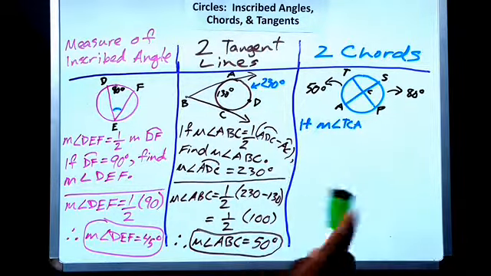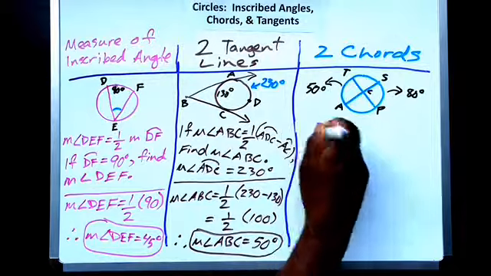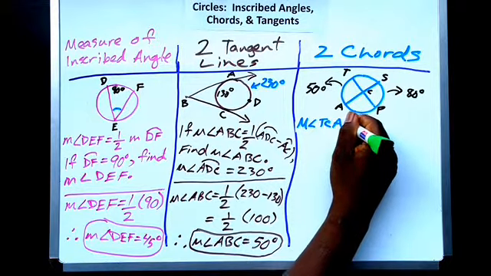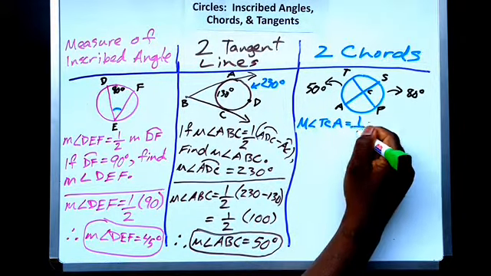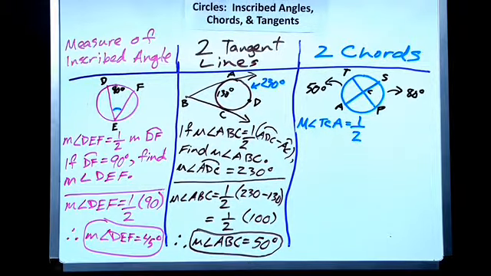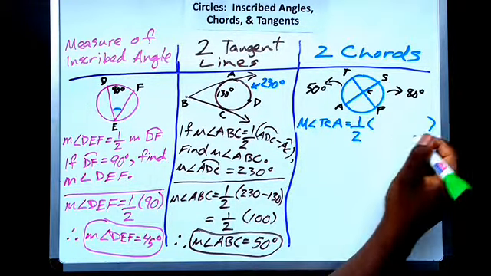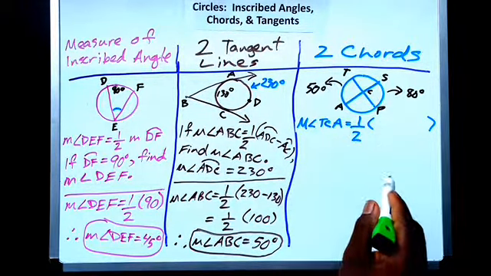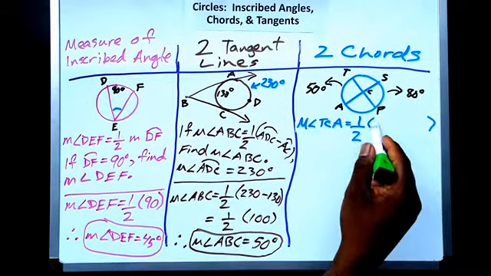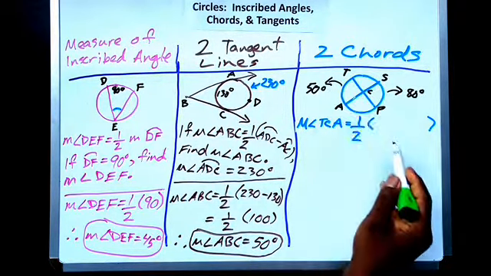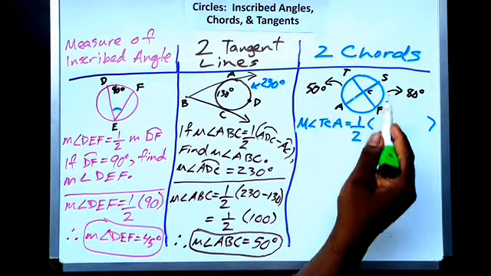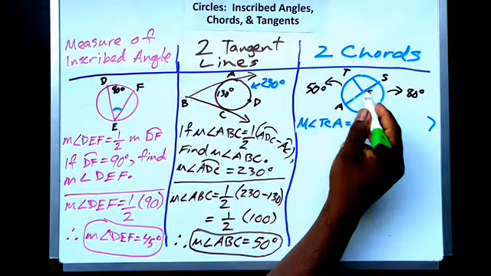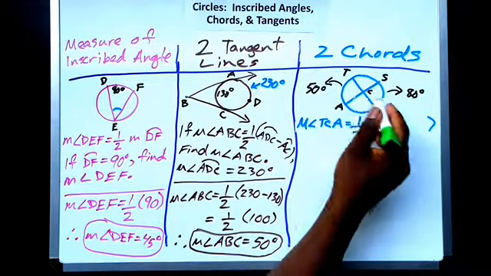Well, let me rewrite that. The measure of angle TCA equals 1/2 of the quantity of the measure of, and this is TCA right here, 1/2 of the arc intercepted by these two chords, including the angle.